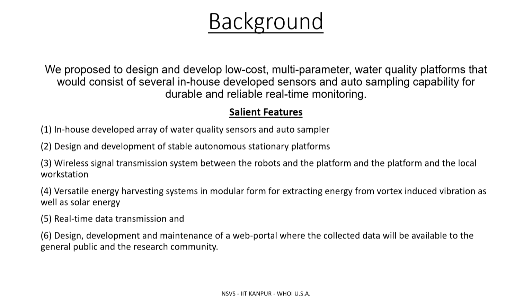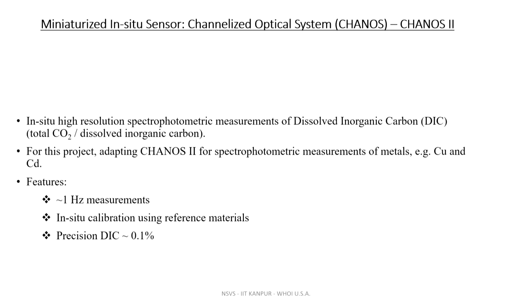Real time data transmission I have already talked about, and finally, the design, development and maintenance of a web portal where all these data would be collected and displayed for the use of the people and the specialists in the field.